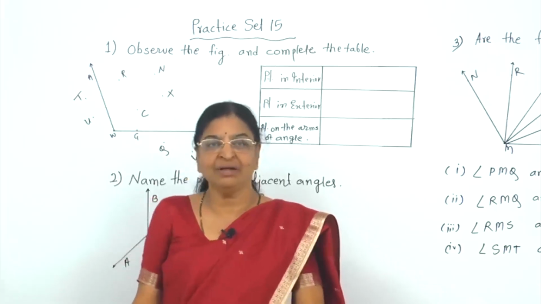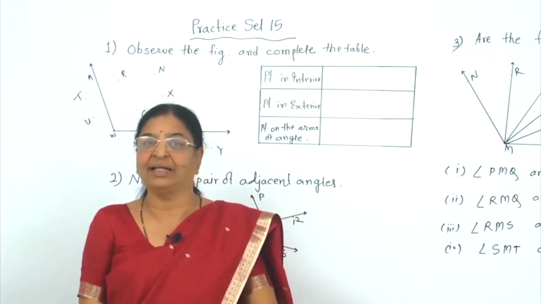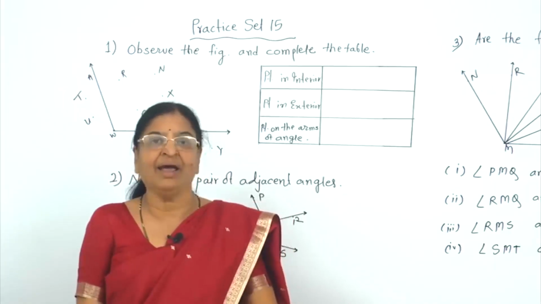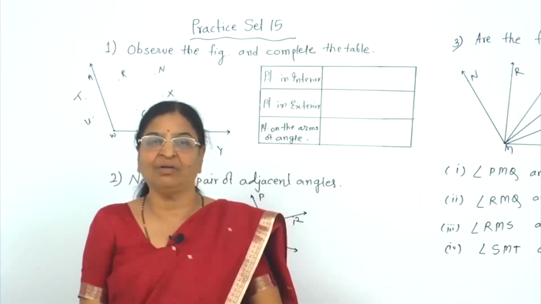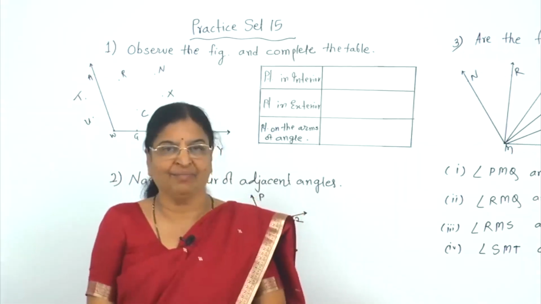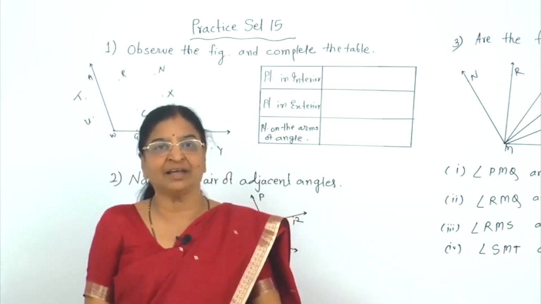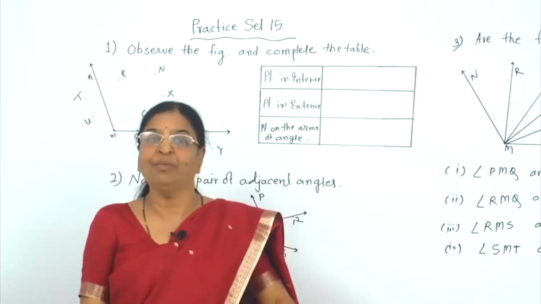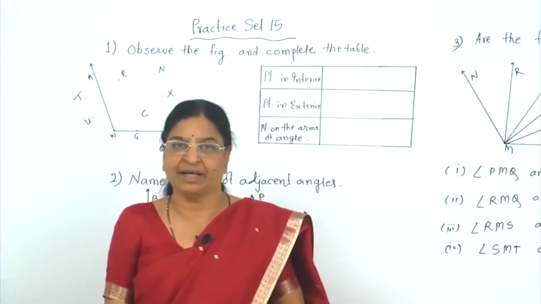Now we have learned how the points are divided into three parts, that is, in the interior of the angle, in the exterior of the angle, and on the arms of the angle. Similarly, we have found out how to identify a pair of adjacent angles. To confirm a pair of adjacent angles, three conditions are given: they have a common arm, one common vertex, and of course their interiors are separate.